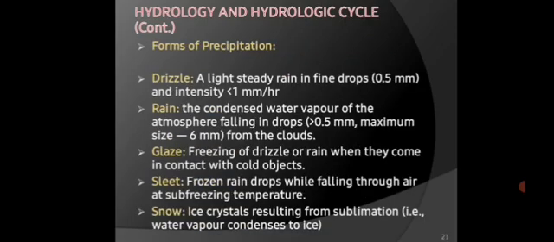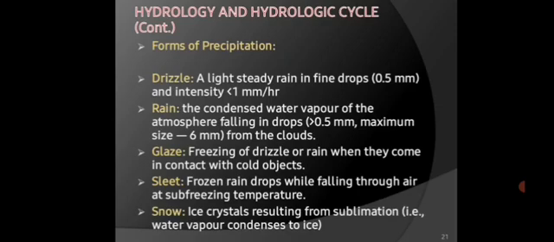Our next topic is again related to precipitation, meaning rainfall, which is forms of rainfall. In which form does water fall on earth's surface? As we all know, it falls in form of rain and snow, but the size of the drops and the size of the snowfall differentiate the forms of precipitation.